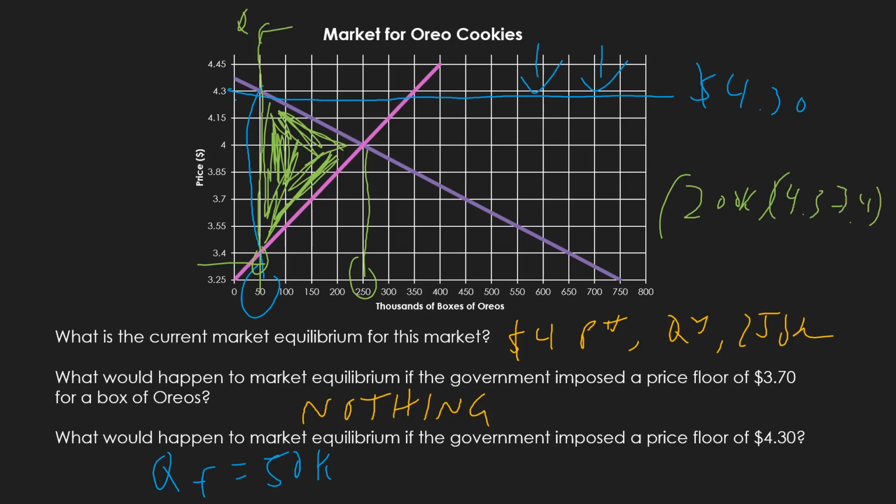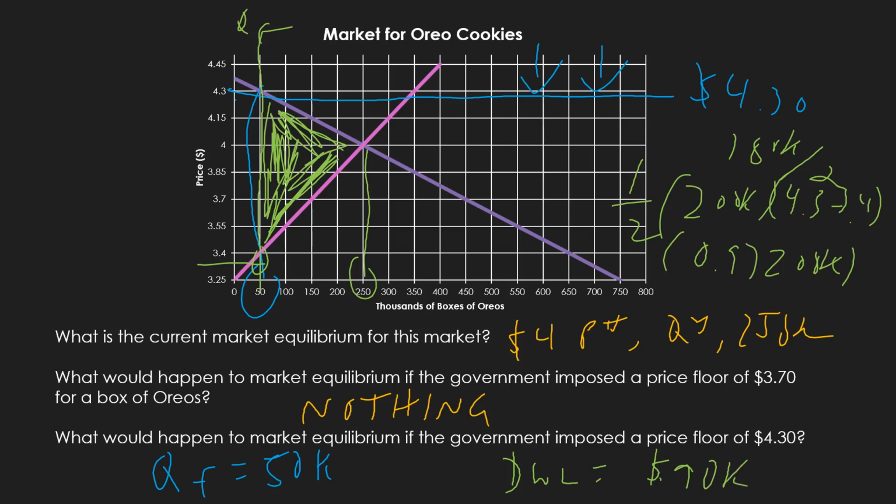We plug all that in, and we end up with 0.9 times 200,000, which is 180,000. But we have to divide that by 2 because it's a triangle. So our deadweight loss in this example is going to be $90,000. The market, because we couldn't achieve equilibrium, has lost $90,000 of economic surplus.